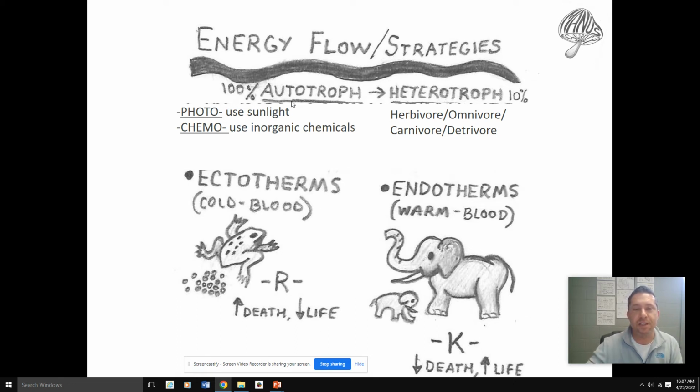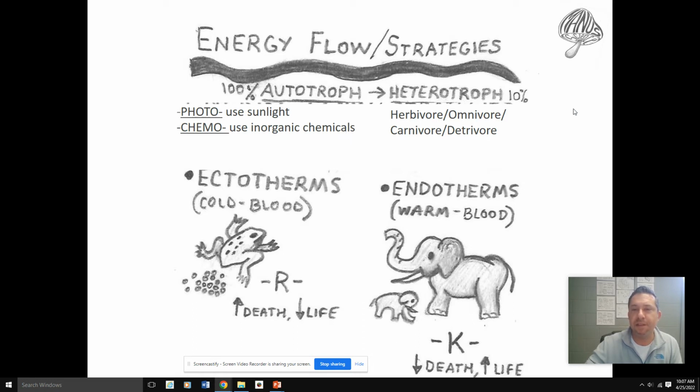Another good topic in ecology is going to be energy flow and different strategies that allow organisms to exist. So, the flow of energy is always from autotroph to heterotroph. 100% of the energy exists at the autotrophic level, and very little, almost 90%, is lost. So, very little actually gets transferred to the heterotrophic level, roughly 10%. A couple of different examples of autotrophs would be photoautotrophs that use sunlight or chemoautotrophs that use inorganic chemicals such as hydrogen sulfide, talking about bacteria typically there.